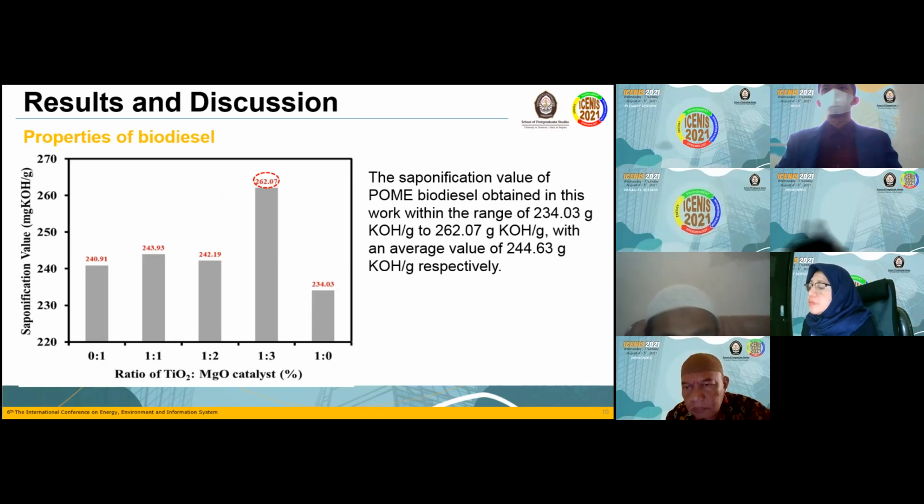It showed that titanium dioxide plays the role of an excellent catalyst during the process of transesterification.